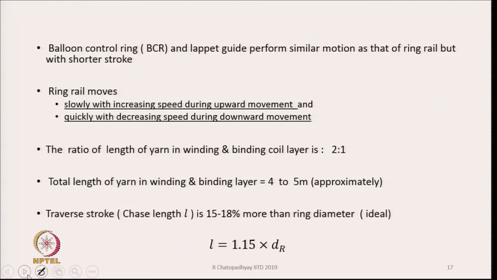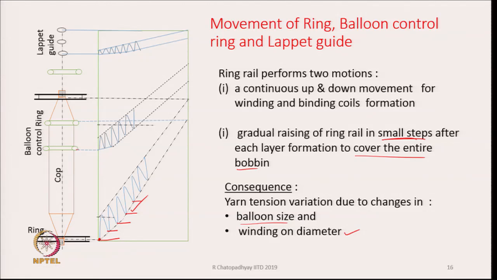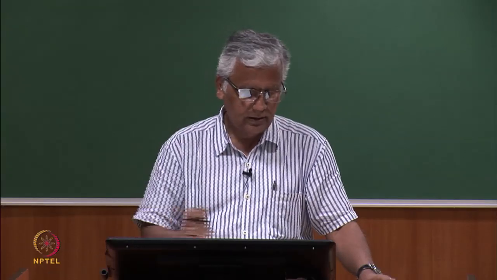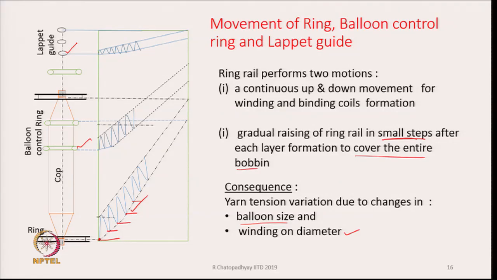So, balloon control ring and lappet guide perform exactly similar motion as that of the ring rail. What we have here is a balloon control ring, and there is a lappet guide. As the yarn leaves the front roller nip, it passes through a lappet guide which is positioned exactly on the top of the spindle, and then there is a balloon control ring which controls the size of the balloon.